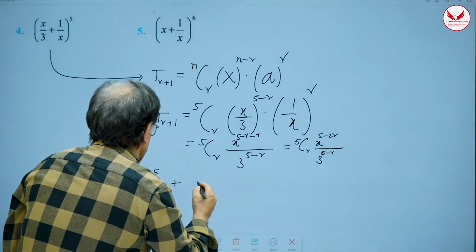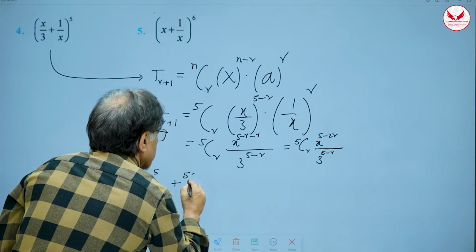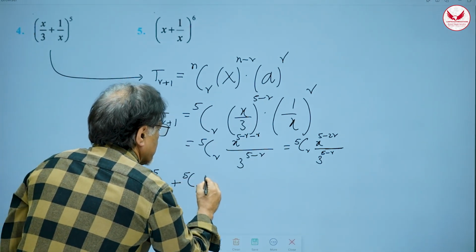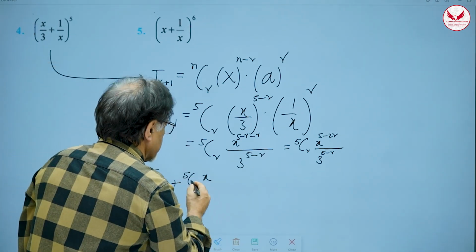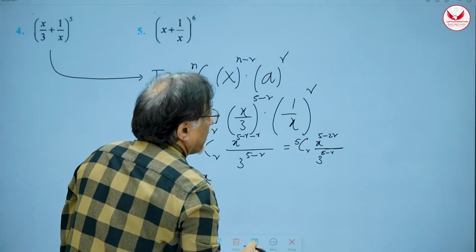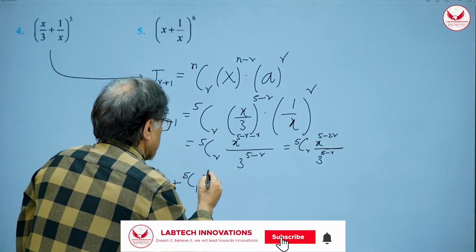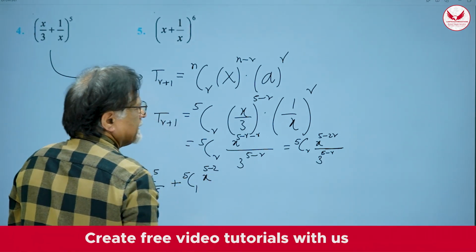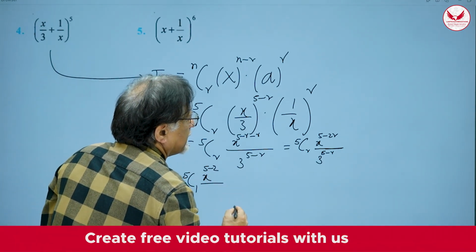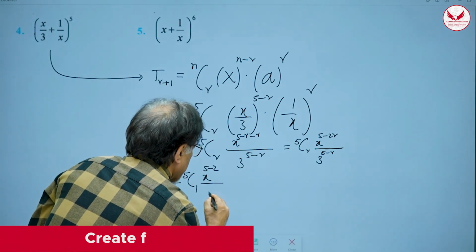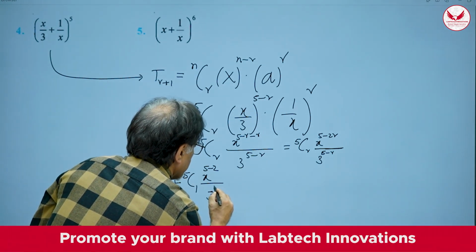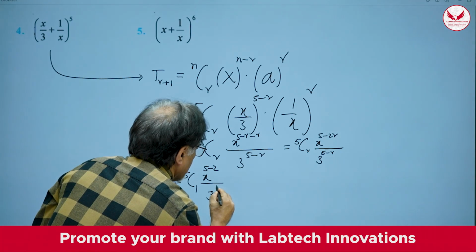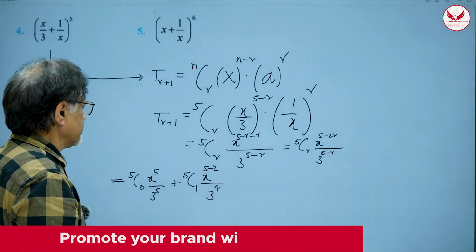Now put r is equal to 1. So this becomes 5C1, right? x raised to what? This is 5 minus 2r, correct? So 5 minus 2r means what? 5 minus 2 because the value of r is 1, right? Divided by 3 raised to 5 minus r, that means 3 raised to 5 minus 1, which is what? 4, correct?